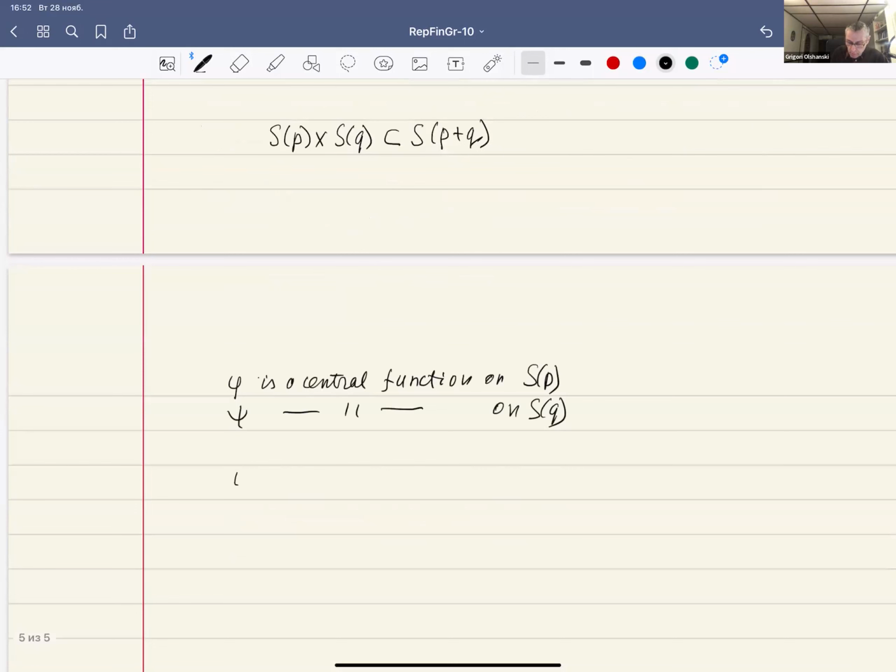When we form this function on this subgroup, so if this is G and this is H, then we just write it.